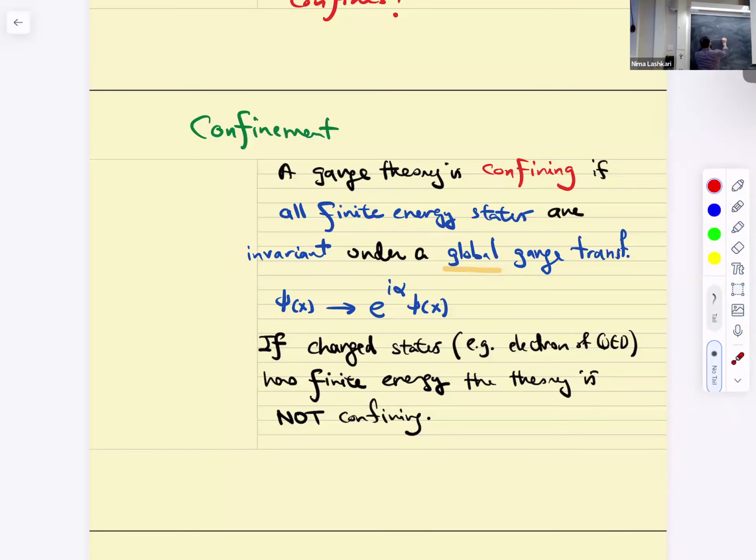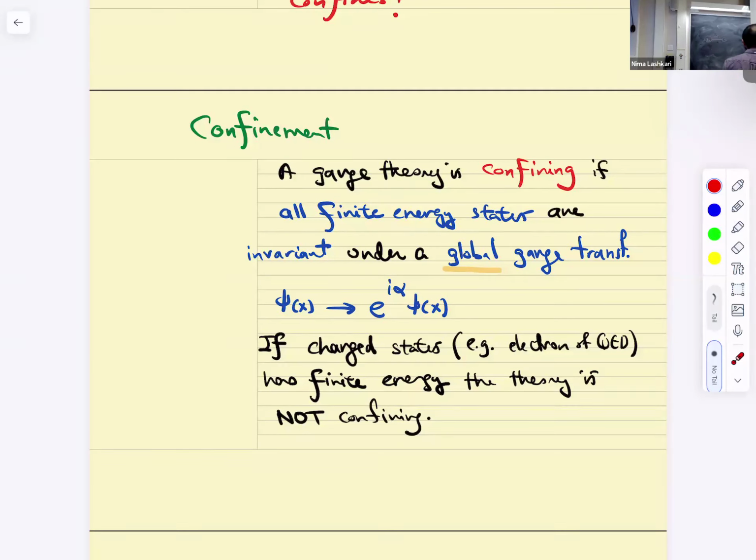Just connect them with a Wilson line. I'll remind you of this. In part one of the course, we said that if you take a Wilson line and attach a charge here and here, that object is gauge invariant. This is a gauge invariant operator in QED that acts on the vacuum and creates the charge neutral state.